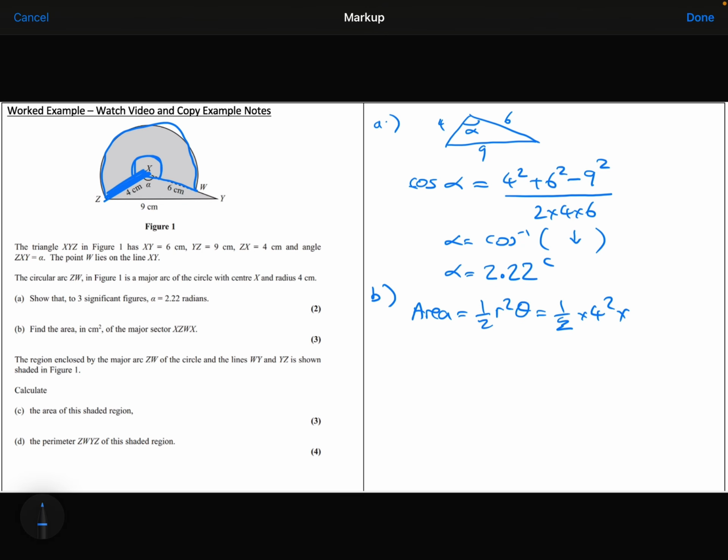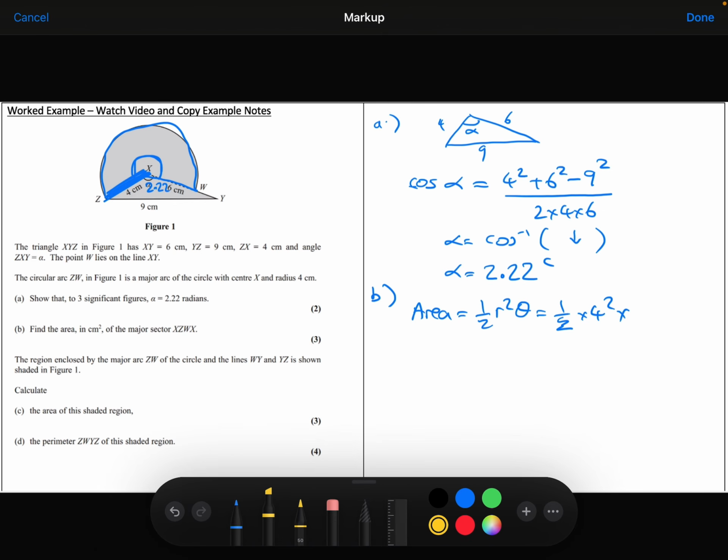Well, in part A of the question, I worked out that alpha here was 2.22. And I know that the angles around a point will add up to be 2 pi radians. So just remember, in degrees, the angles around a point are 360, but in radians, that is 2 pi.